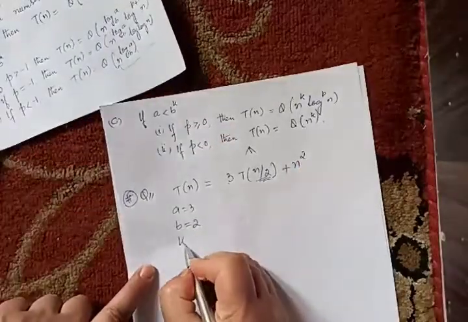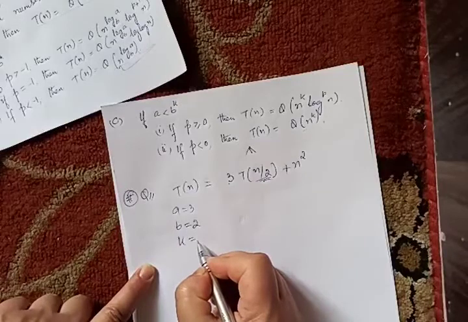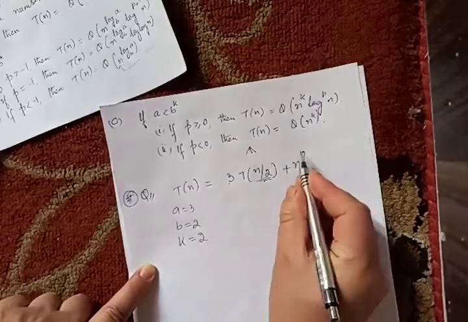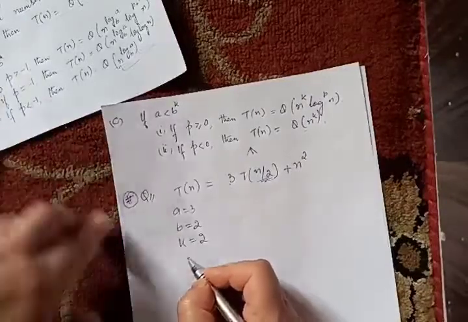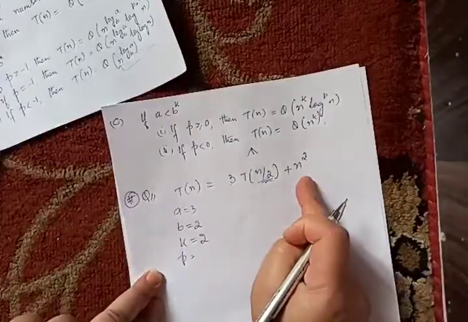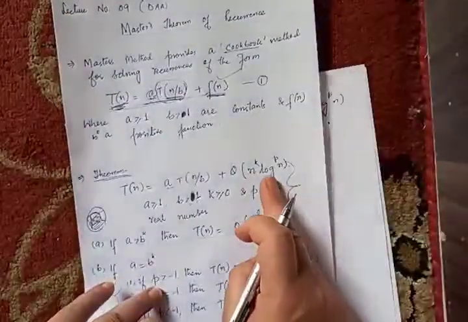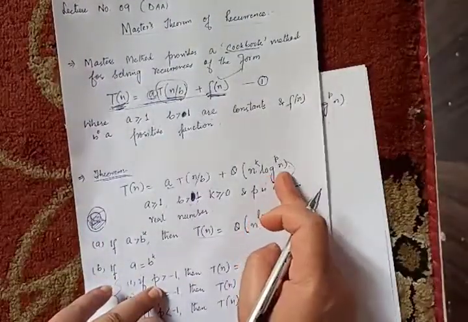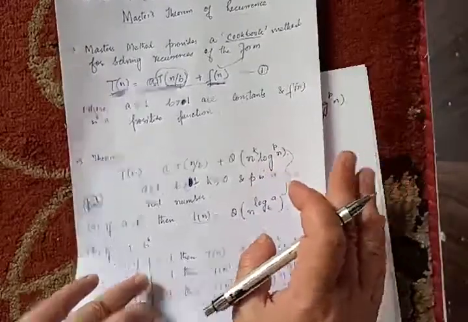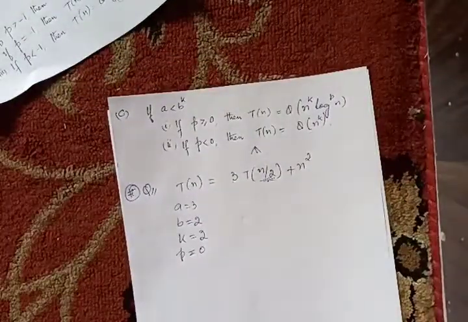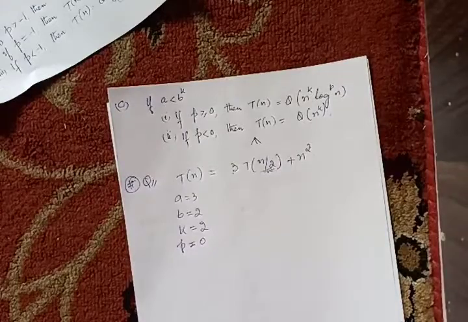And k is equal to 2. Then p: there is only a single term, there is no log n like this, so that is omitted. Take that as 1 or nothing, so p will be equal to 0 because that is not given to us. Okay, now we have to check the conditions.